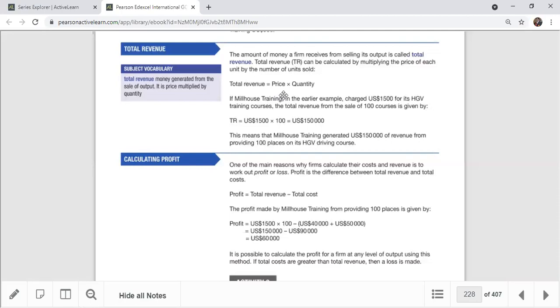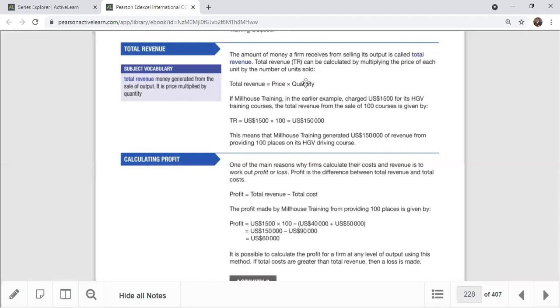This is only for one item you're selling. If you're selling multiple items, imagine a fruit shop selling papaya, banana, grapes, avocado, these prices are different. Then how do you calculate the total revenue? You take the different items one by one. For example, 1 kilo of apple is, let's say, $15, so 15 times how many kilos of apples, and 1 kilo of grapes is $20, so 20 times how many kilos of grapes.